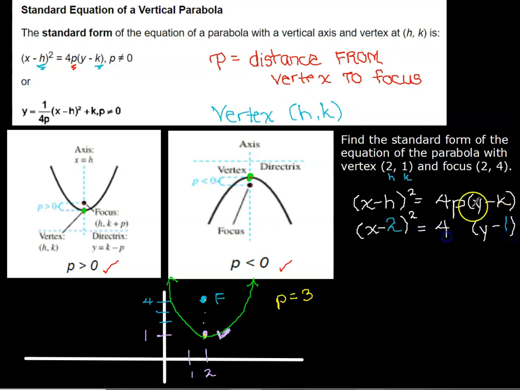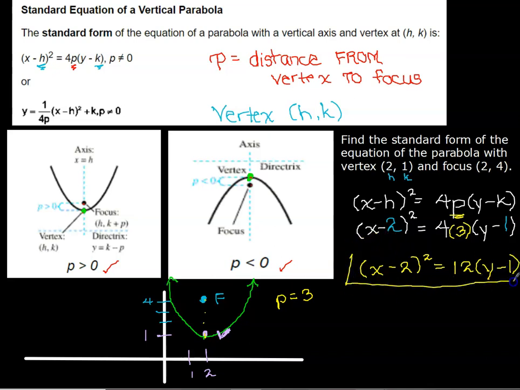And then I know that p is equal to 3 because that's the distance from the vertex to the focus. So from here, simplifying it, x minus 2 squared equals 4 times 3, which is 12, times y minus 1. And that's your equation for a parabola.